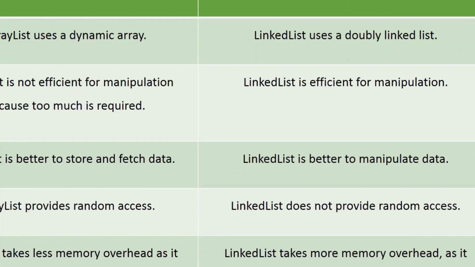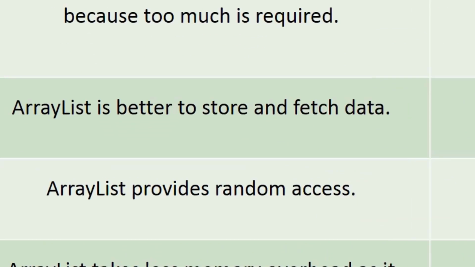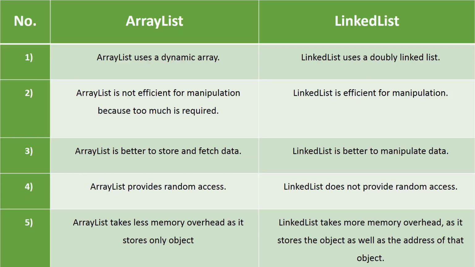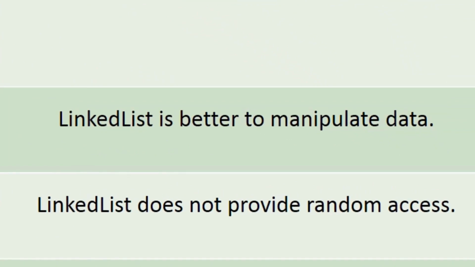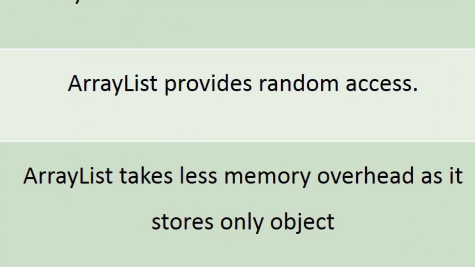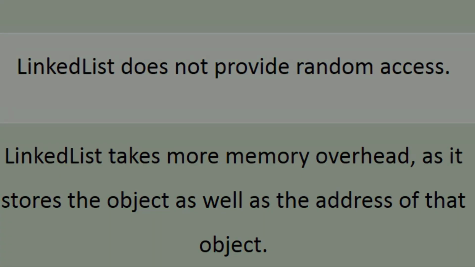Linked list is better to manipulate data. ArrayList provides random access. Linked list does not provide random access. ArrayList takes less memory overhead as it stores only the object. Linked list takes more memory overhead, as it stores the object as well as the address of that object.